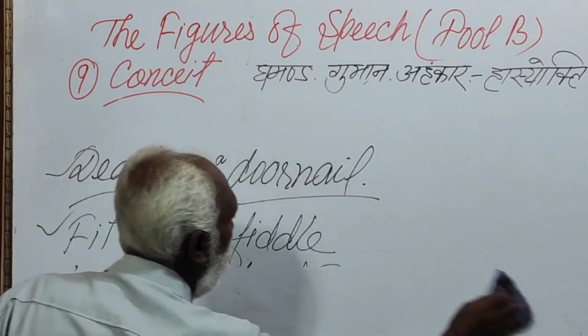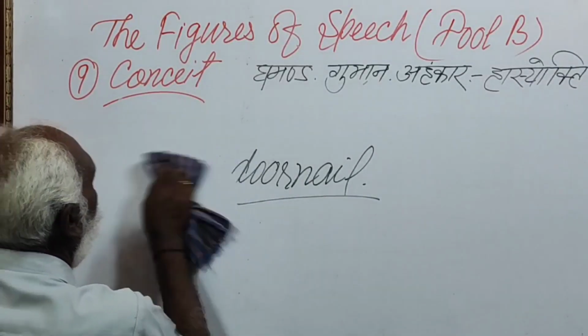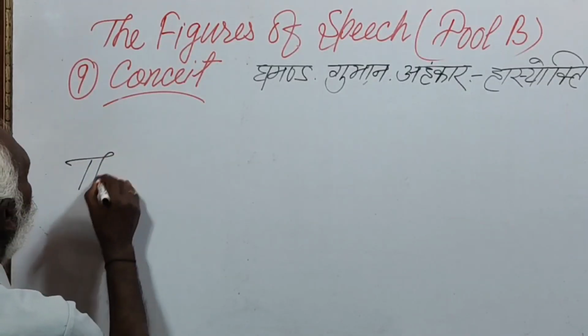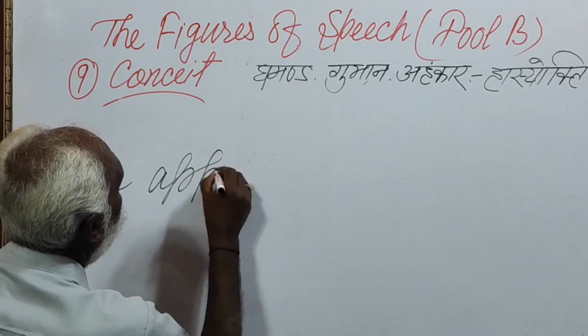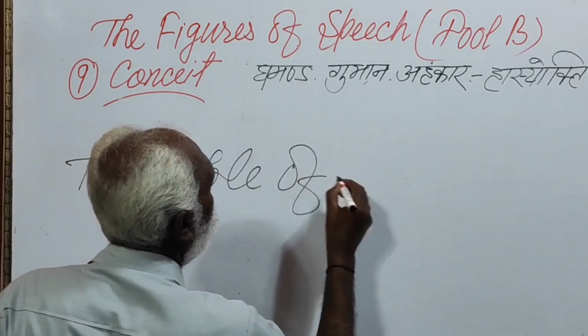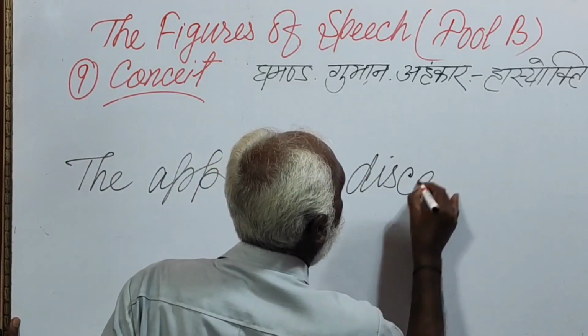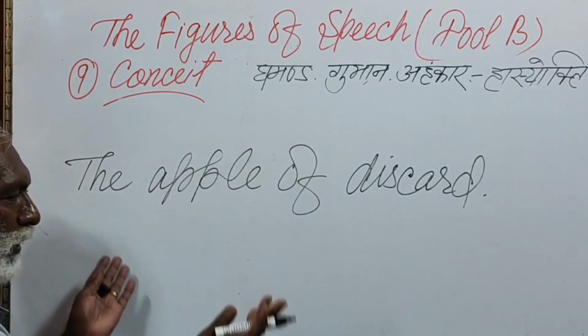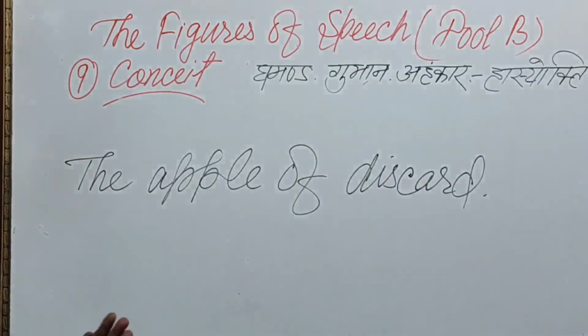The apple of discord. Next example, the apple of discord. Apple of discord, the apple of hatred. So here they are opposite, completely different from each other. Steal someone's thunder.